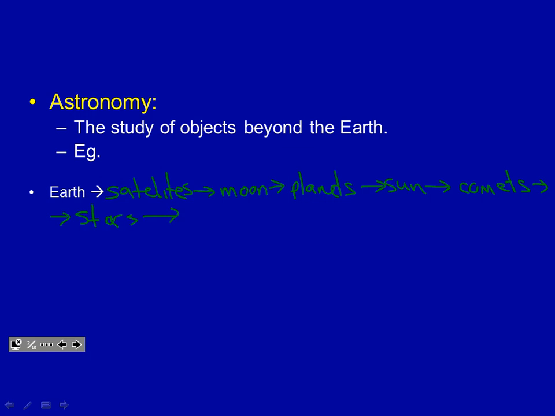Once we get past the stars, what's the next larger object that we encounter? Okay, at this point, we're talking about galaxies. Galaxies are huge structures that contain billions and billions of stars.